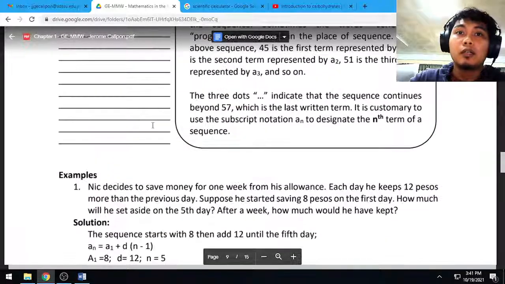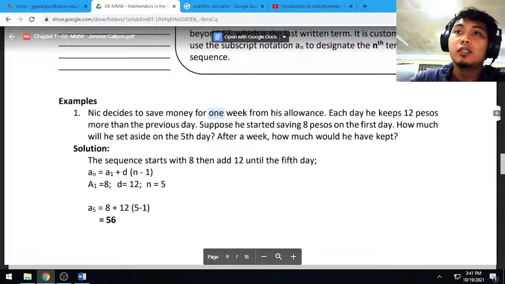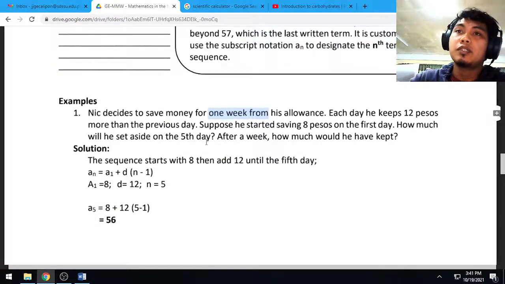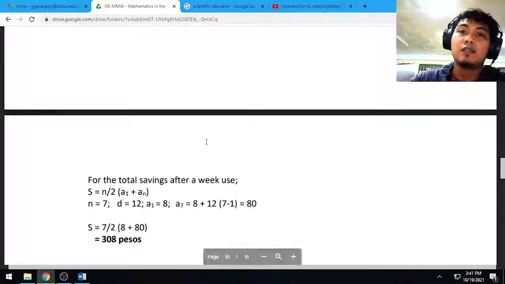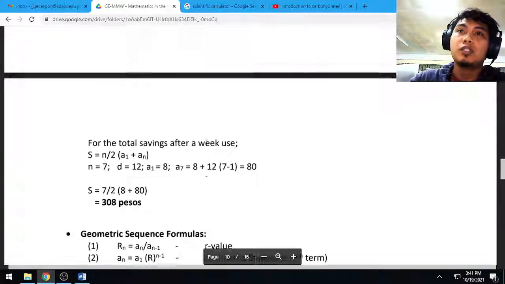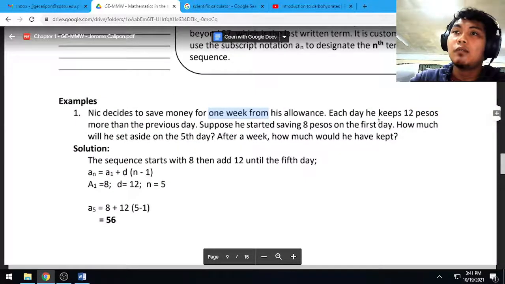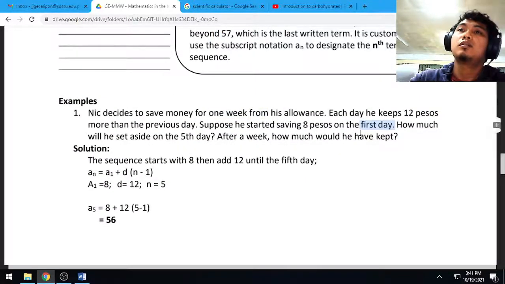A7. Ito, 1 week. Ilang araw sa isang linggo? 7. Since daily ka maglalagay, keep each day. I-convert mo siya into daily.